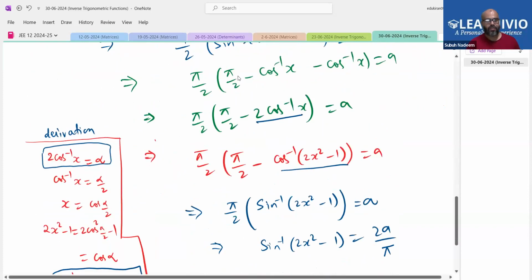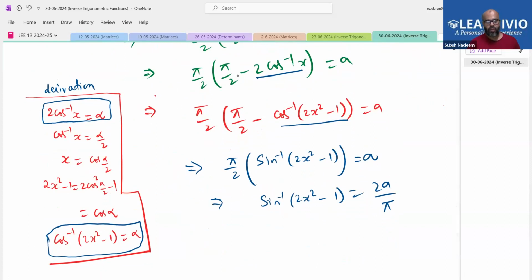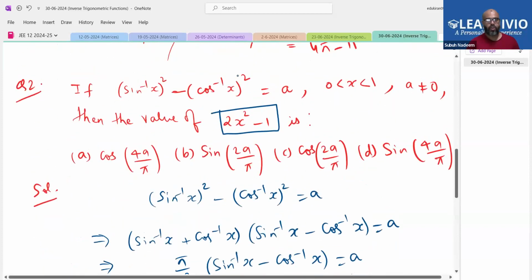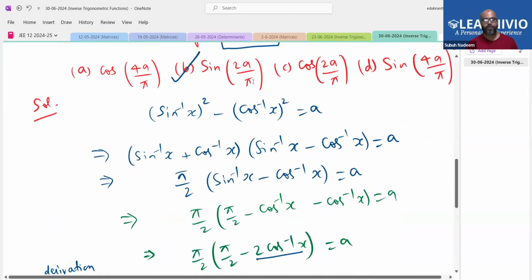So if we see here, 2x square minus 1 will come out to be, sine will go on the RHS, sine 2a by pi. So this is sine 2a by pi, which is option B.